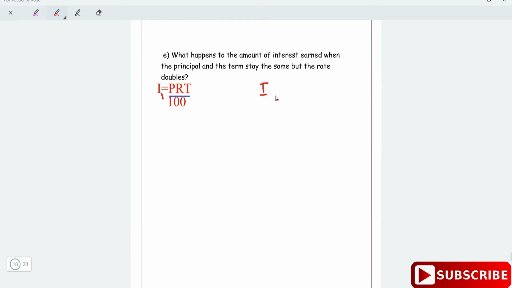So if the rate is doubled, interest 2 is going to be principal times a rate of 2R. It's no longer going to just be R. So interest 2 is going to be principal P times a rate of 2 times R times the time T, divided by 100.